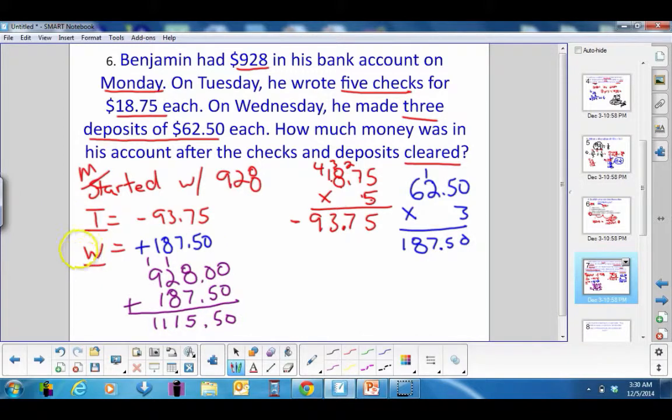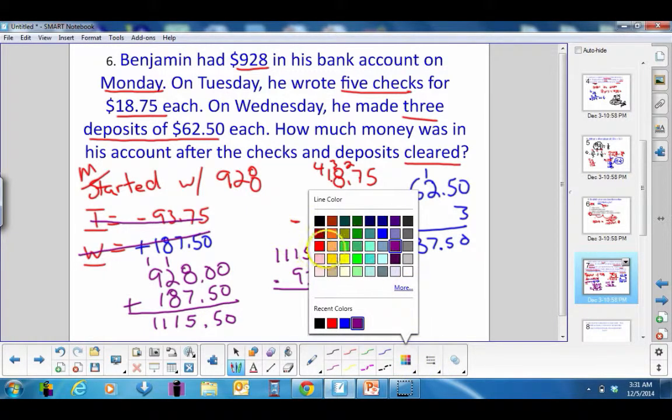So after adding Wednesday, I should have $1,115.50. Okay, now I'm going to subtract my Tuesday minus $93.75. Okay, so I'll cross this out. Alright, let's see if we can work this out to get our final total.